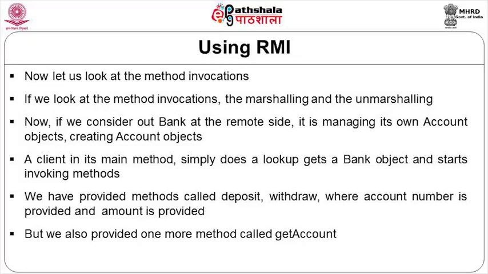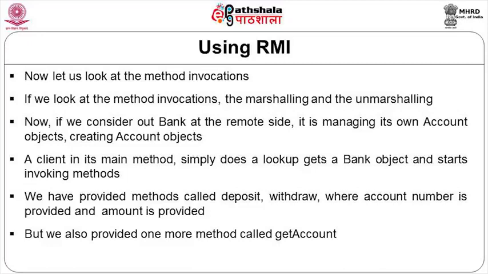Okay, there's another topic which is still remaining related to RMI. If you look at the method invocations, the marshalling and unmarshalling part, coming back to that. Now if we consider our bank on the remote side, it's managing its own account objects, creating account objects and managing them.